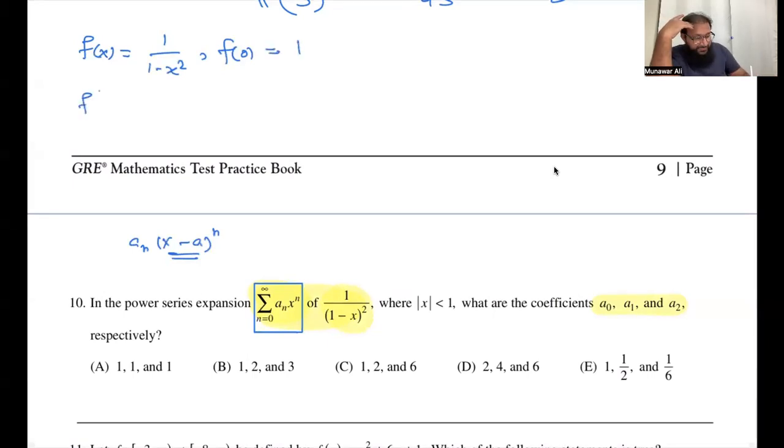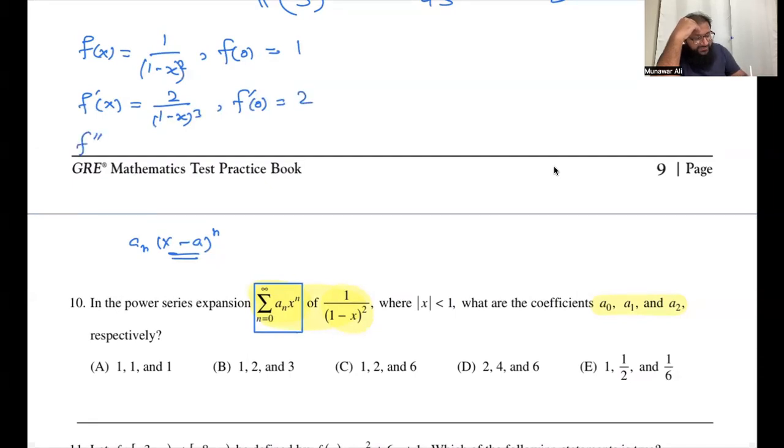And then I have to take f prime. It's simply the derivative. So I'm not going to tell you the whole process to differentiate because it's too simple. Yeah, f of 0 is 1. And f prime of x is 2 over 1 minus x to the cube. And if I evaluate f prime of 0, this is going to be 2.